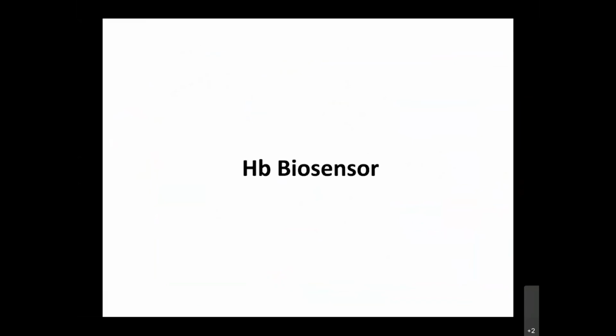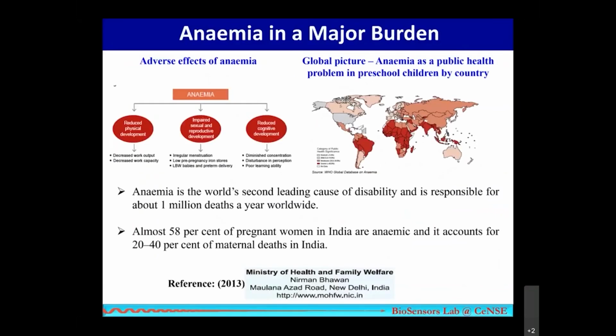Why do we want to do hemoglobin sensing? Because anemia is still a major burden worldwide. Okay, we are talking of biotechnology for humanitarian intervention, and the burden that anemia results in, impaired development, is just unimaginable, right?